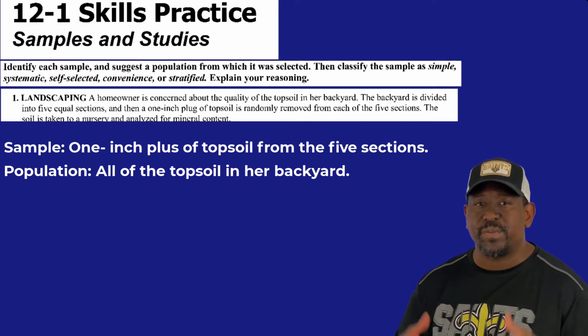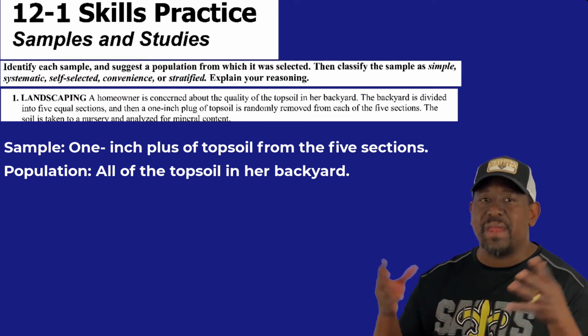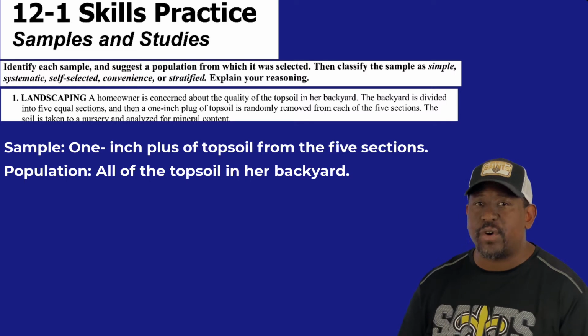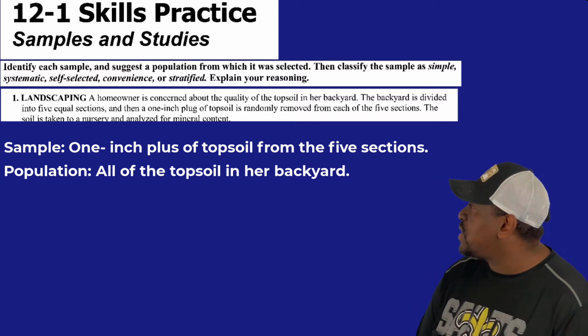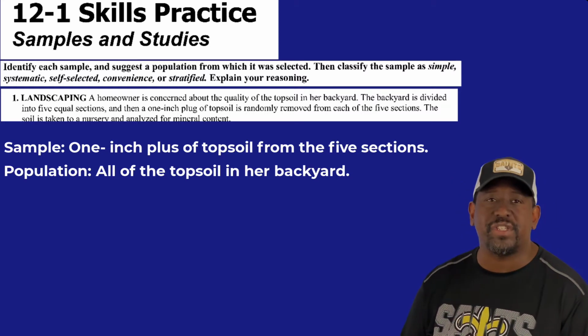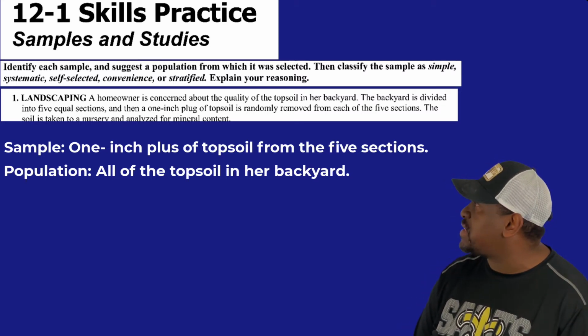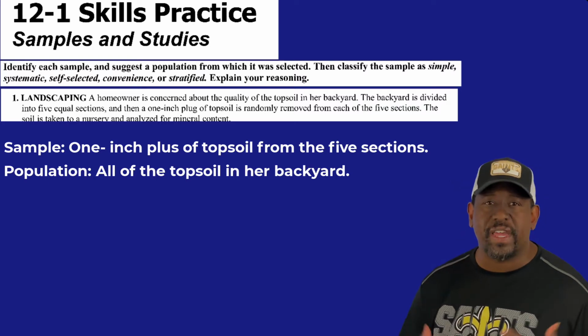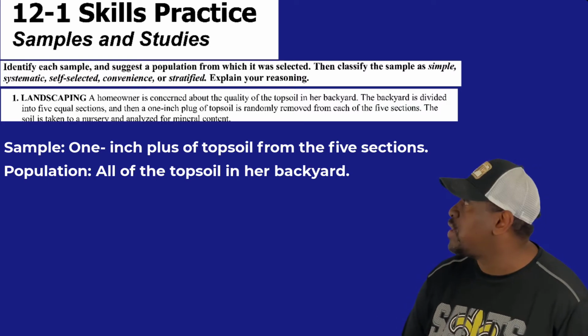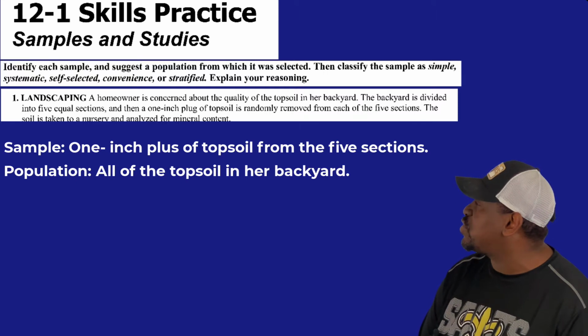The sample is specifically what we're going to focus on in that population. After that, it says we want to classify the sample as simple, systematic, self-selected, convenient, or stratified. And then we have to explain the reason we pick one of those five choices.